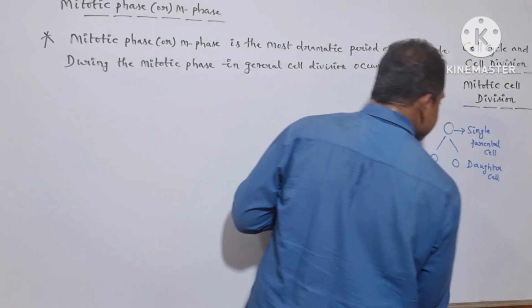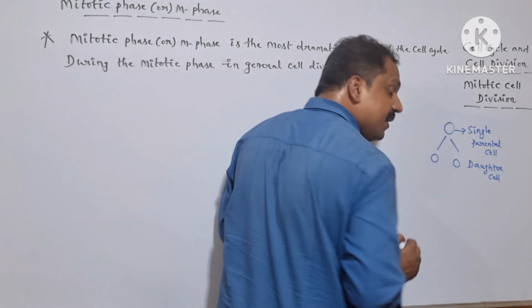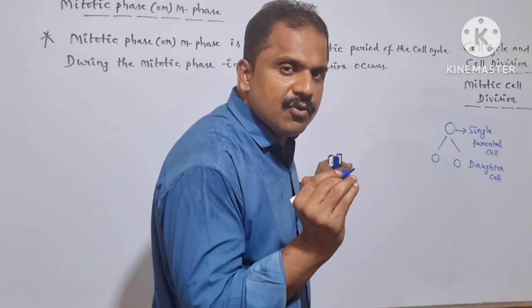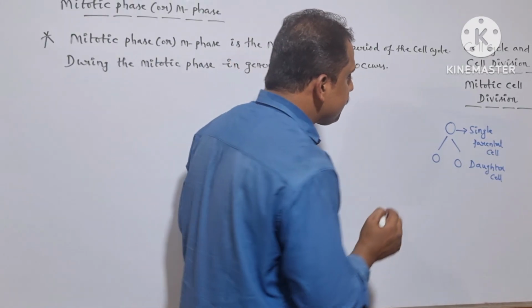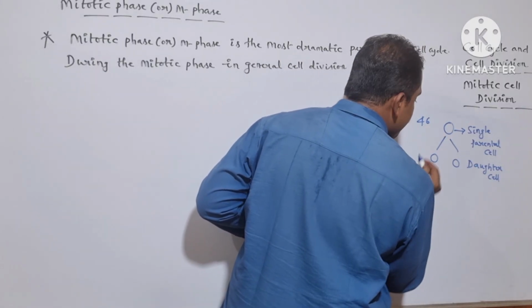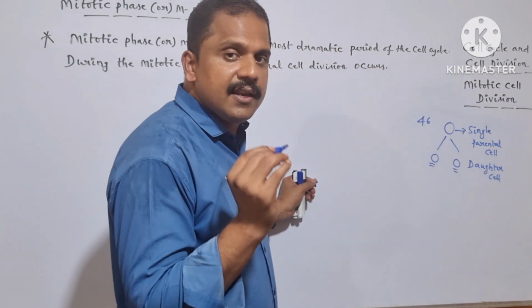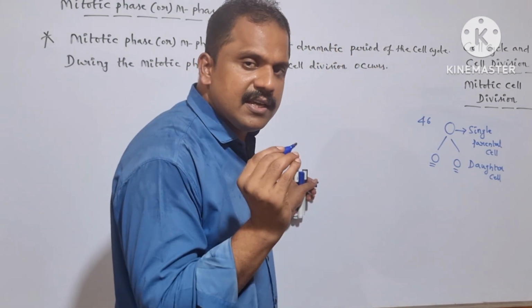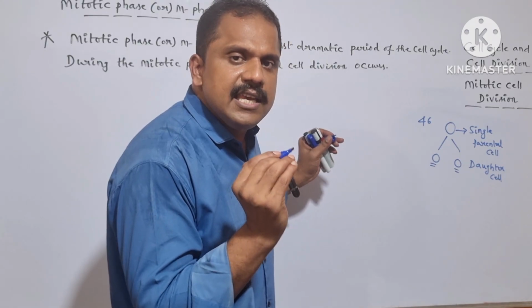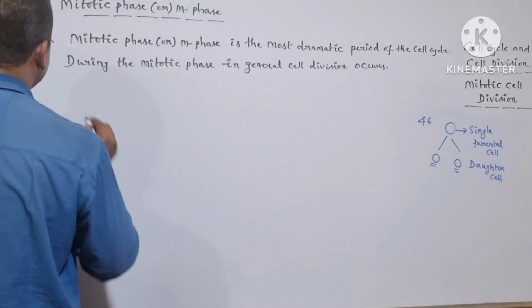The daughter cells which are successfully synthesized during mitotic cell division remain identical in size, shape and even in chromosomal number. That means if the parental cell has 46 chromosomes, obviously both the daughter cells should contain 46 chromosomes. So that is why mitotic cell division is otherwise known as equational division. Is it clear? So let me write it here.